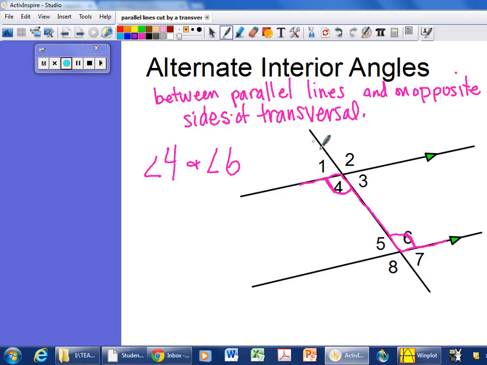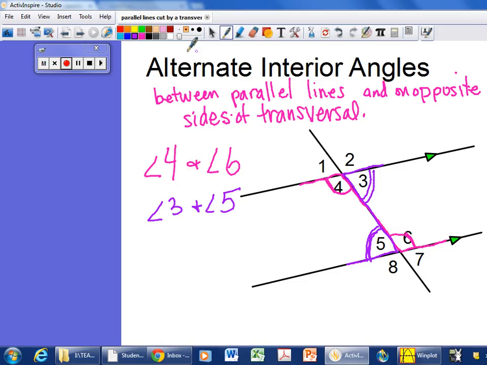Likewise, we have another pair. Angle 3 is also inside or between your parallel lines, and angle 5 is also, but it's on the opposite side of your transversal. So angle 3 and angle 5 are also a set of alternate interior angles on opposite sides of the transversal and between your parallel lines.